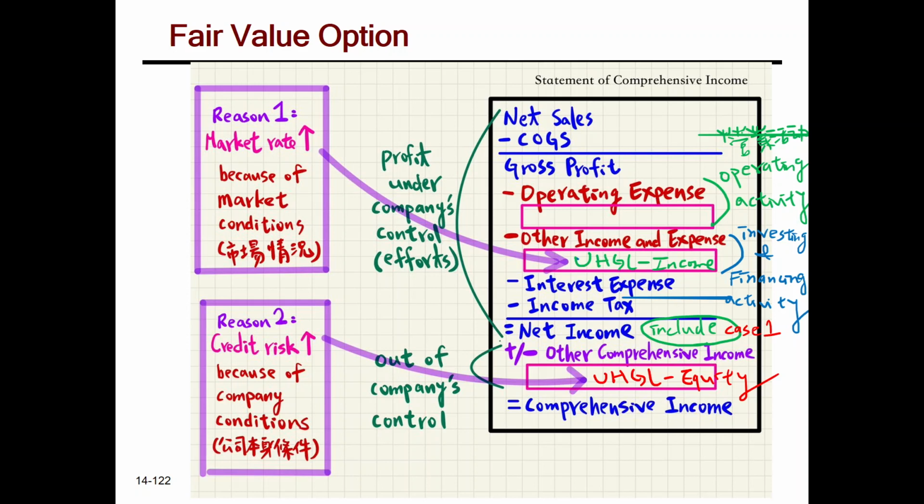Each year, the company will tell shareholders, my EPS is $5, my EPS is $2. They use EPS, earnings per share, to tell shareholders whether they made a profit or not this year.